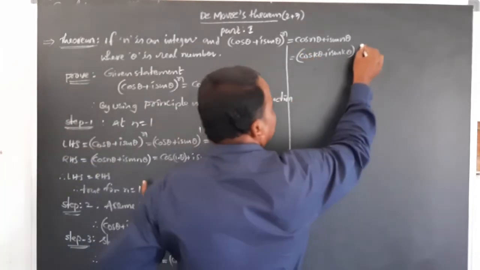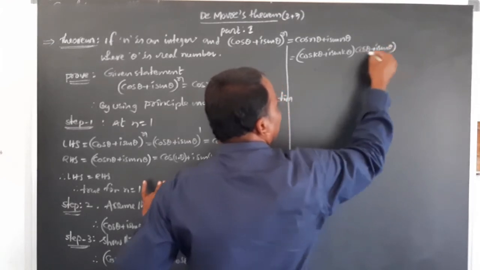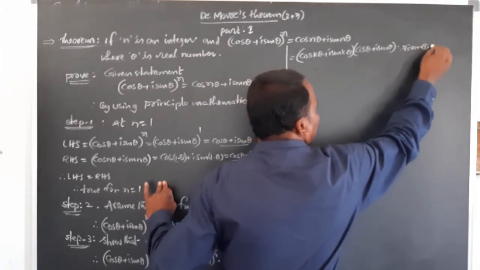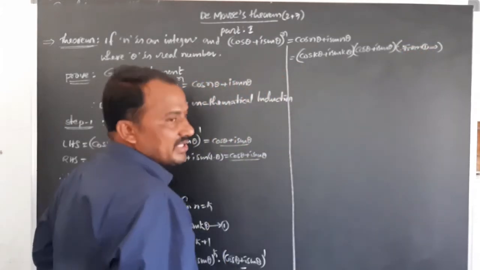Since from 1 it implies this, multiply this one.